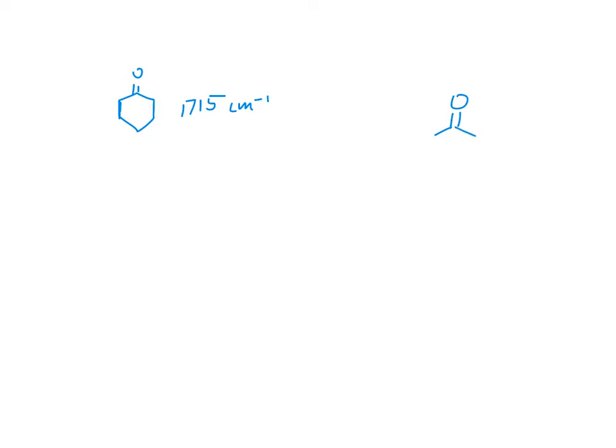But if we put some other group attached, I'm just going to put a Y group over here. Could be an amide or an ester or a carboxylic acid or something. If Y is more electronegative than carbon, then it's going to pull electron density away from the carbonyl carbon, and as we develop delta plus on this carbonyl carbon, the oxygen will tend to donate electrons down to that partial plus.